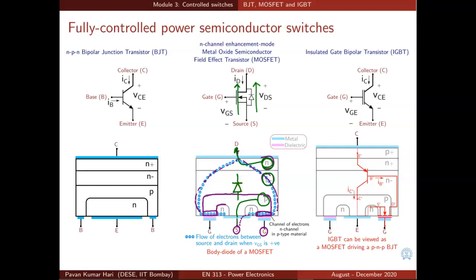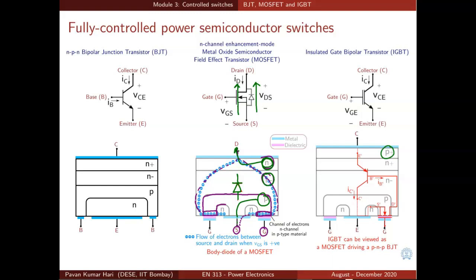Now look at the IGBT. Based on the structure, the IGBT can be seen as a MOSFET driving a PNP BJT. See, this is an extra P plus region that comes above the N plus region if you compare the structure of MOSFET.